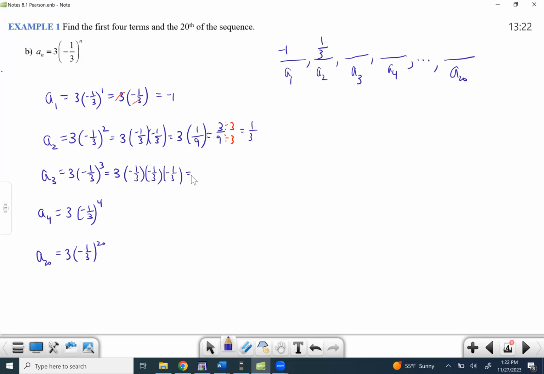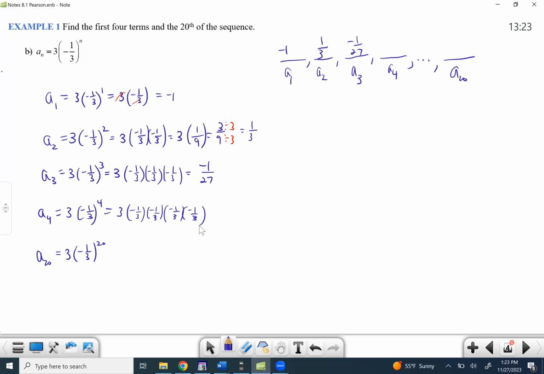Well, a -1 times a -1 times a -1 will stay negative. 3 times 3 times 3 is 27. So this time we're going to have 4 of them, right? Whenever I have an even amount, I like to pair them up.